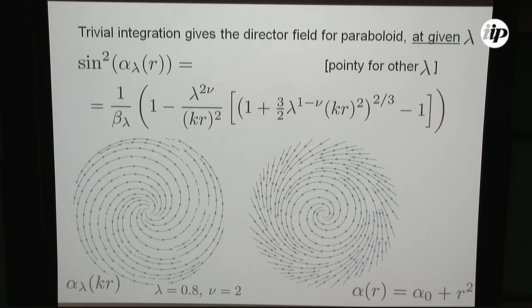Sine squared alpha at a particular lambda is this. So when the lambda reaches the lambda that defines this formula, then I will have a paraboloid. So here's a picture for a particular lambda of 0.8, particular nu, and for that particular lambda, this director field has to have this particular form, which is given by this equation.